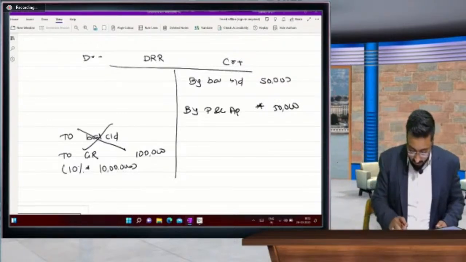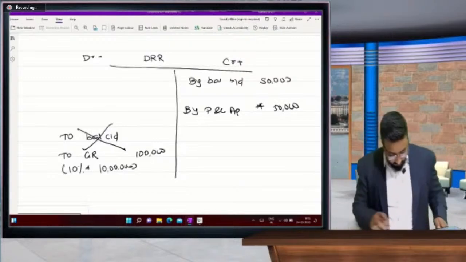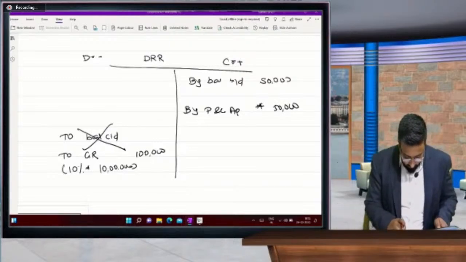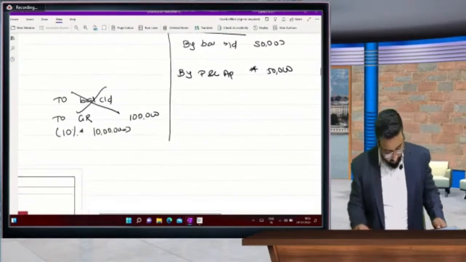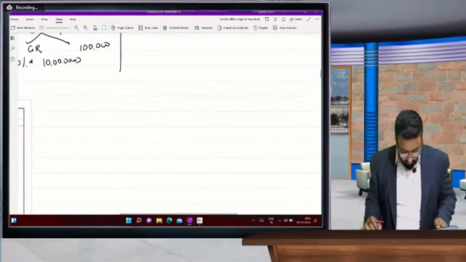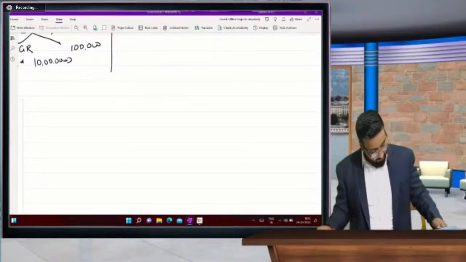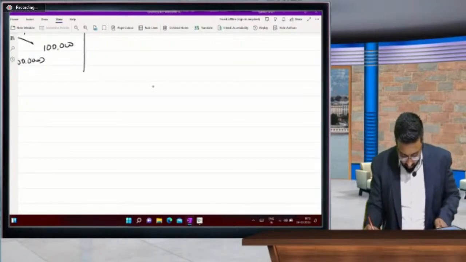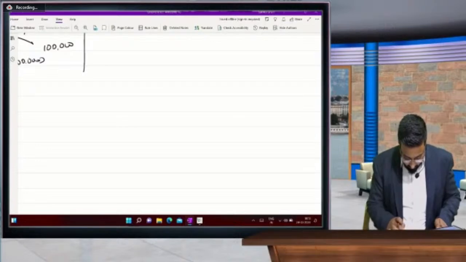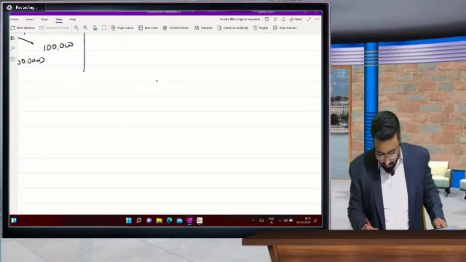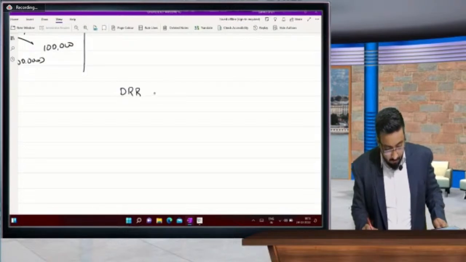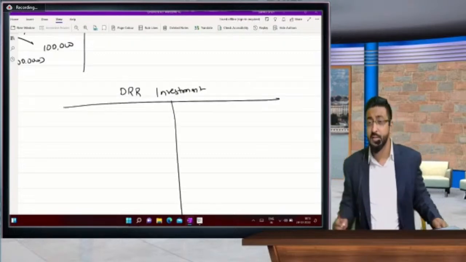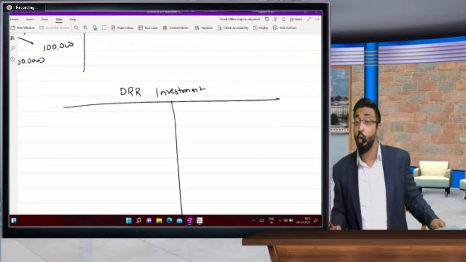Tell me the next one. Next account. General reserve is correct. Now DRR investment. Tell me whether DRR investment is recorded at face value or at cost, in the comment section.